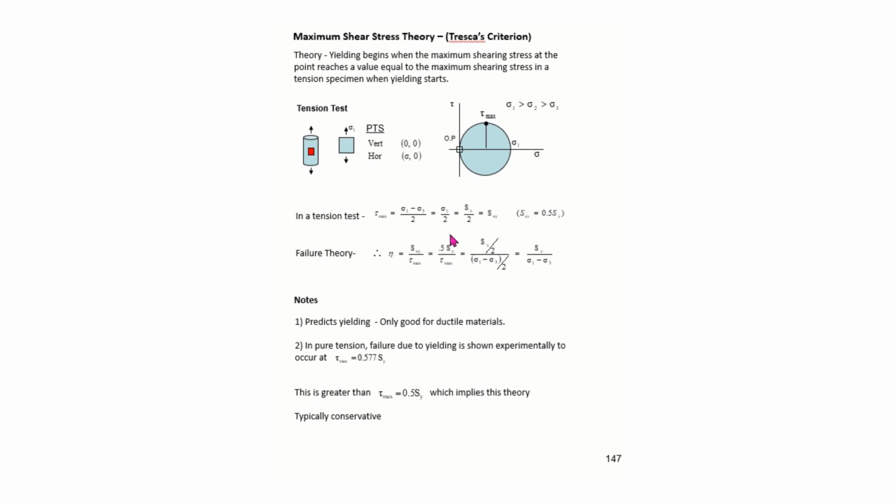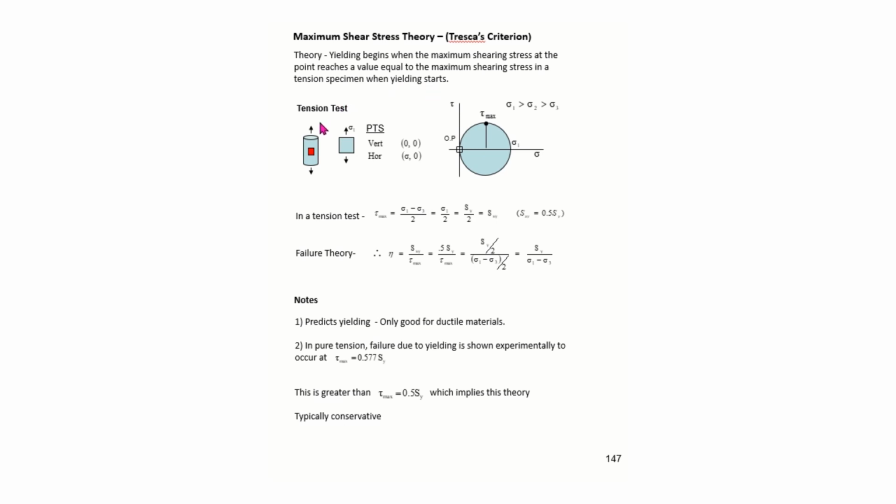This theory says that yielding begins when the maximum shearing stress at the point reaches a value equal to the maximum shearing stress in a tension specimen when yielding starts.